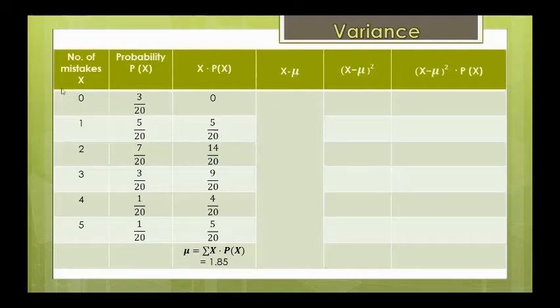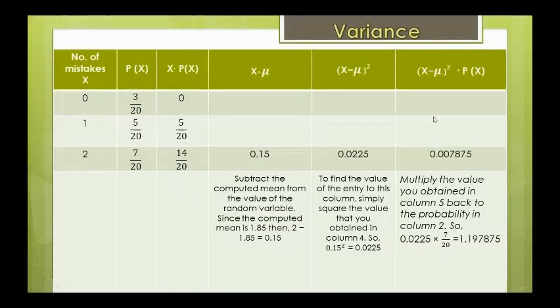So that is the difference between the entries in column number 1 and the mean, which is 1.85. Now, in the fifth column, square lang natin yung value from the fourth column. And then, the last column, yung entries natin sa fifth column, imo-multiply lang natin sa P of X or the probability of the random variable. So, ganun lang ang gagawin natin to solve for the variance.